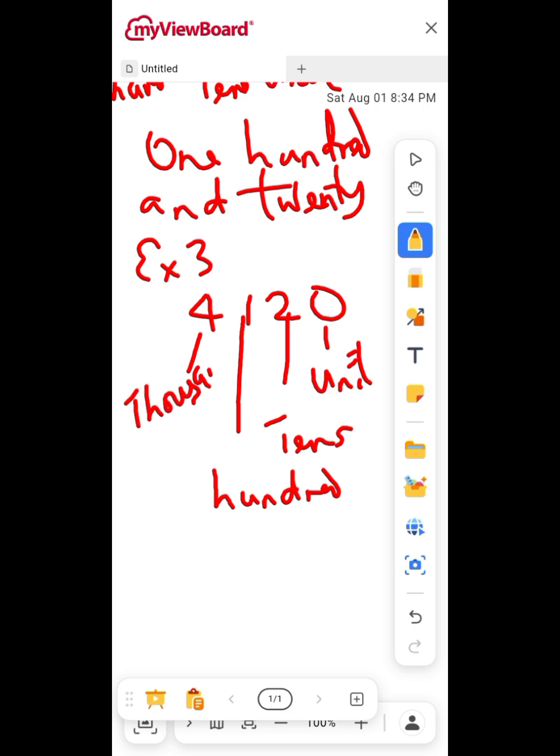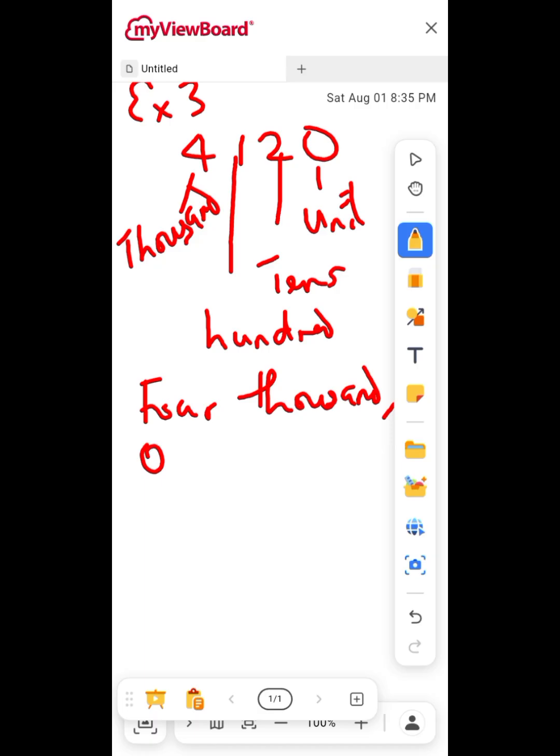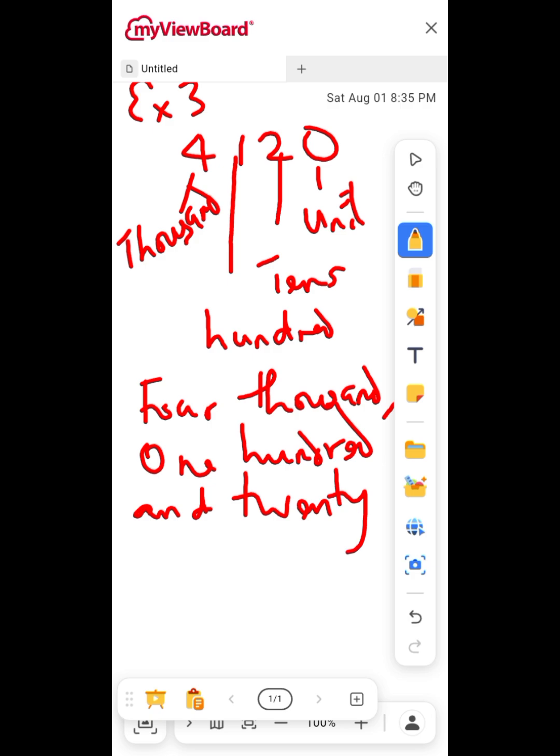So in writing this in words, the place value will guide me. So I have 4,000, 4,120. Are we together? I hope we are following.